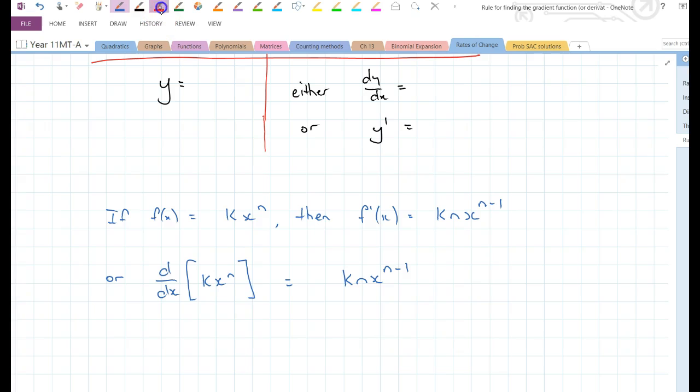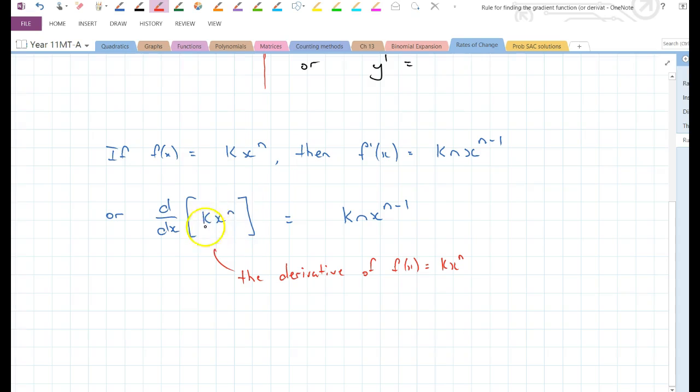So what this here says is the derivative, or the gradient function, of that function. That's what that bit there means: the derivative of that function with respect to x.